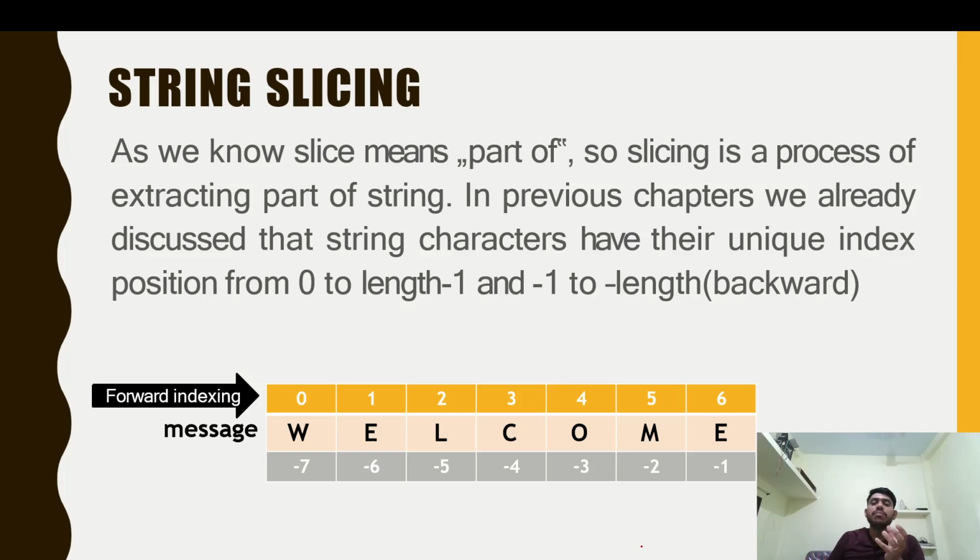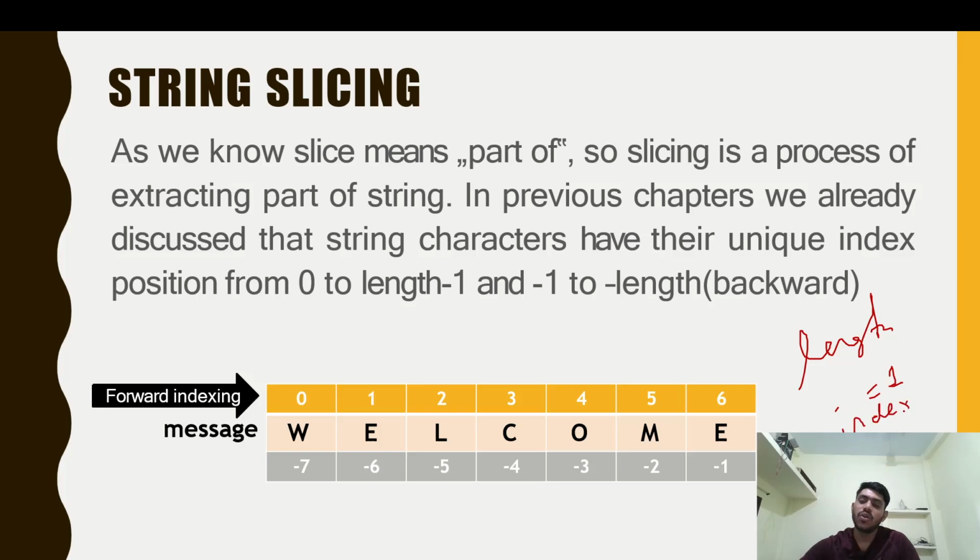In previous chapters we already discussed that string characters have their unique index position, started from 0 to length -1 and -1 to minus length. If you go forward, then it is 0 to length -1. Length will start from 1, index will start from 0. Remember it always. Length always starts from 1.